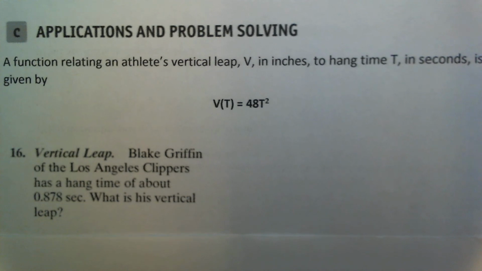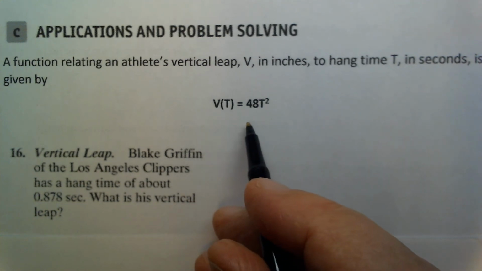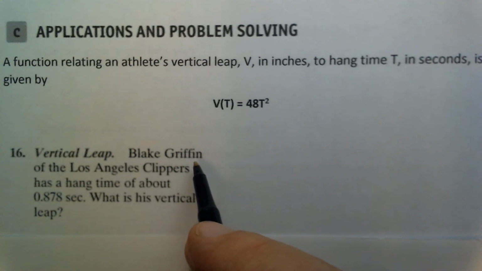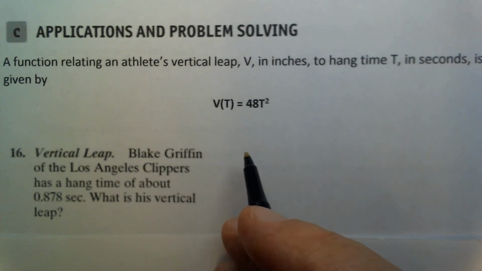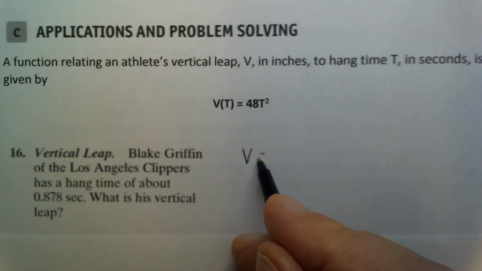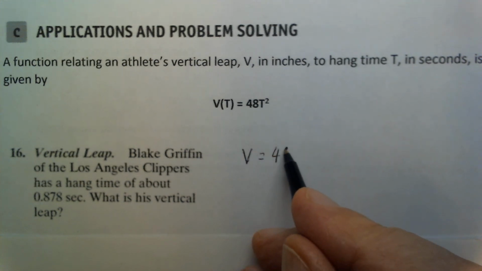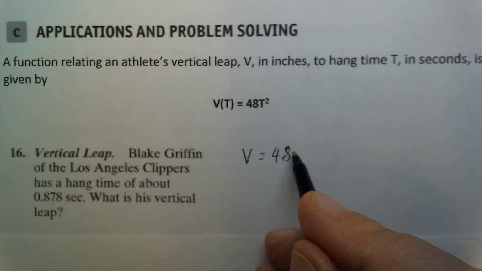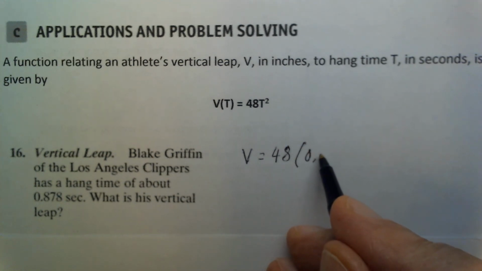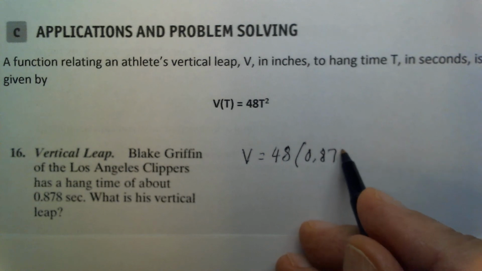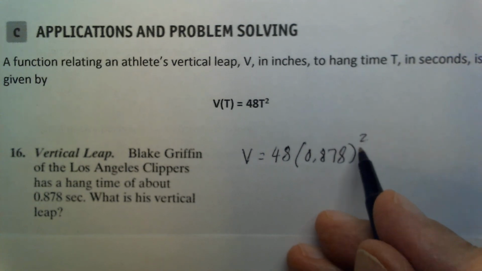Well, we need to use this relationship here. So we ask what is v equal to. So v is equal to 48 times the time in seconds, 0.878, squared.